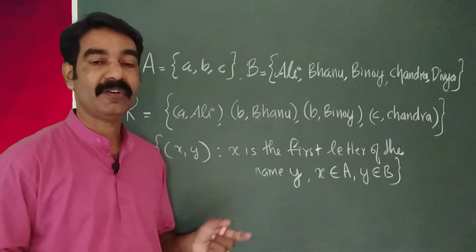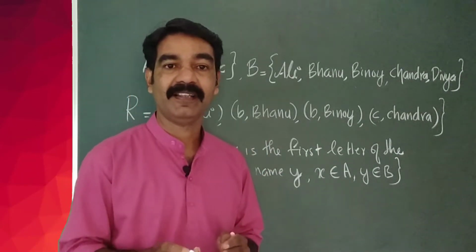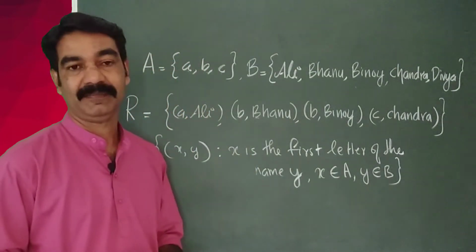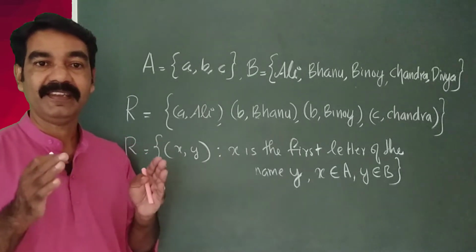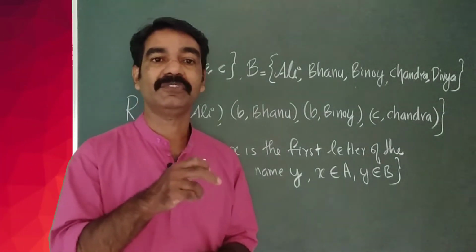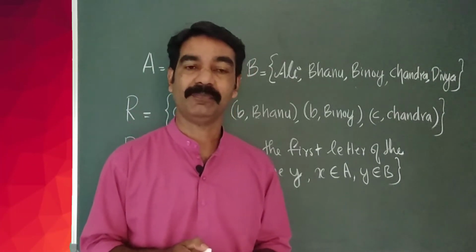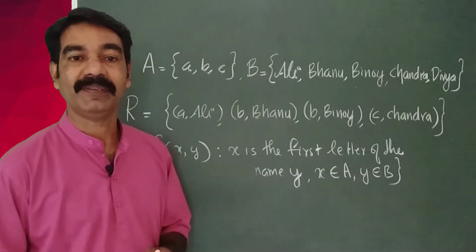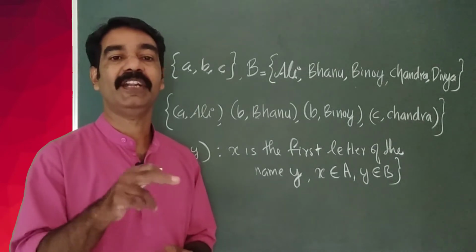This subset is described or derived what? There is a relationship between what? The first element and the second element. So remember that any relation from A to B is what? A subset of A cross B. Or any subset of A cross B is what? A relation from what? A to B.